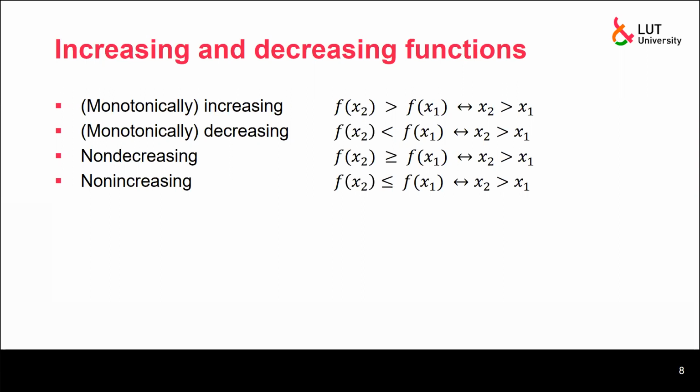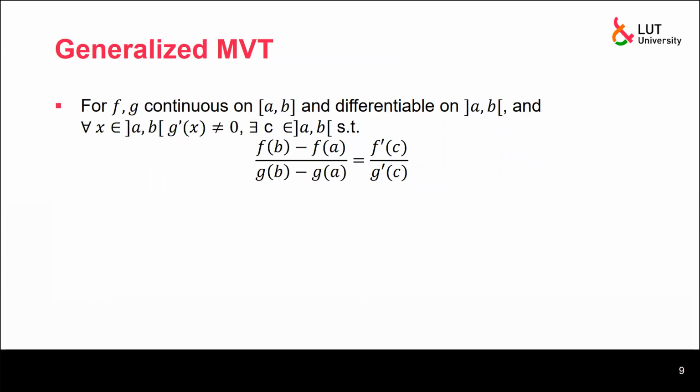And non-decreasing, or occasionally non-monotonically increasing, is that if a value is larger than the other value, then the function value at that parameter must be at least as large. And this is something that comes into the generalized MVT.